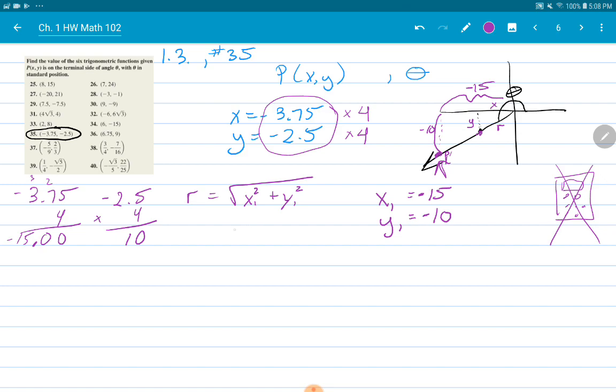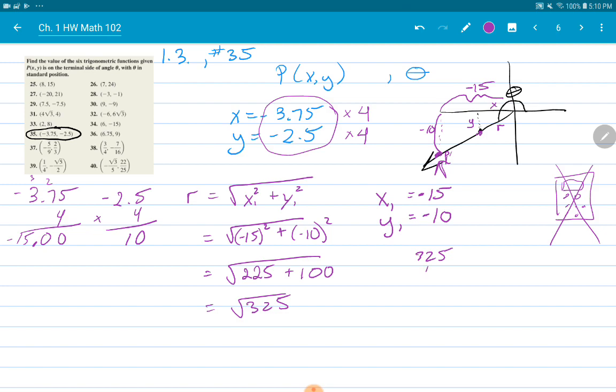So that would be the square root of, r is always positive, so don't worry about the negative, but it's a positive 15 squared plus negative 10 squared, which gives me 15 squared is 225, 10 squared is 100, which gives me the square root of 325, and that I can break down.